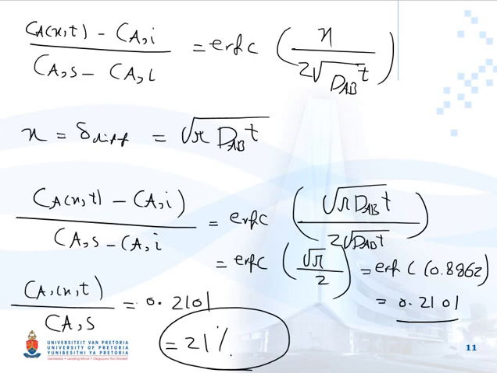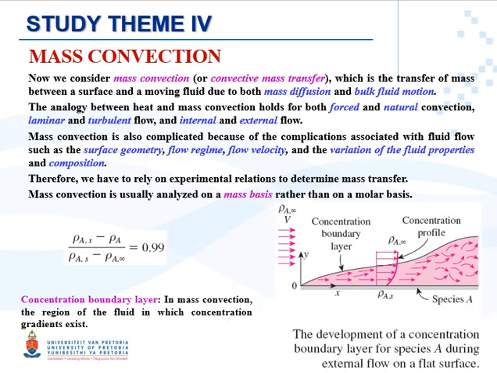Okay, so we are done with this transient mass diffusion, and now we need to start with a very important topic, mass convection. We start to talk about it, and we see if we can finish it or not, but we are not in a rush, so I'm going to explain everything, and after that we see if we can finish it in 1 hour.